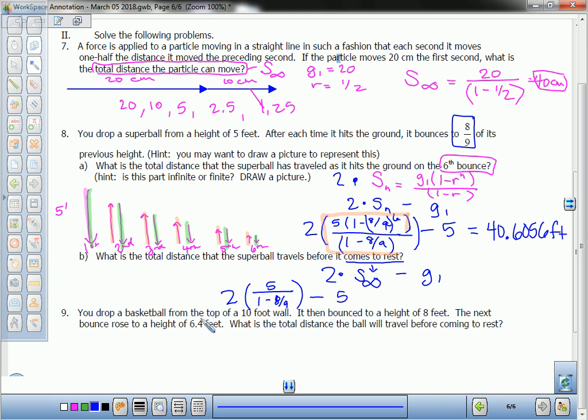Quick math. You're right, Gooey. Right. And this should give you 85 feet. So if we continue to let the ball bounce till it stopped, it would have traveled 85 feet.